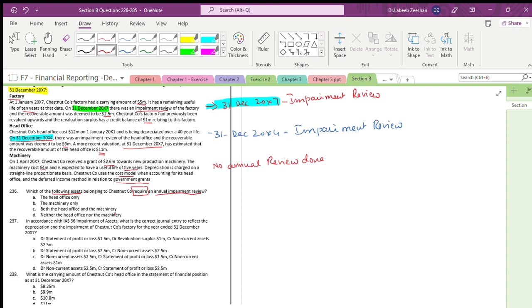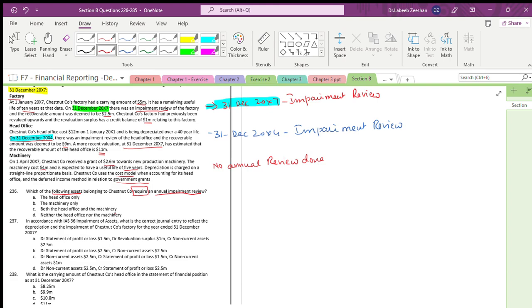See, when we are doing an annual review, it is when we have decided that we are going to sell it off, when we are going to say that yes, this has to be kept within the next 1 year. They have not done anything with respect to the head office.